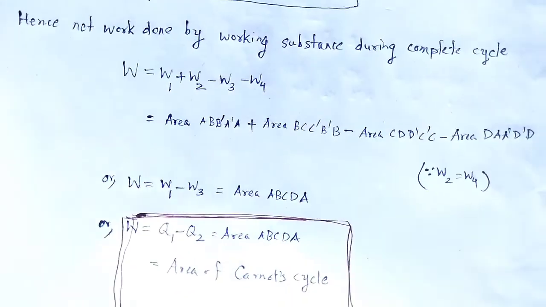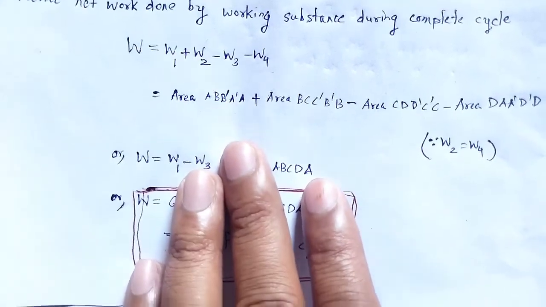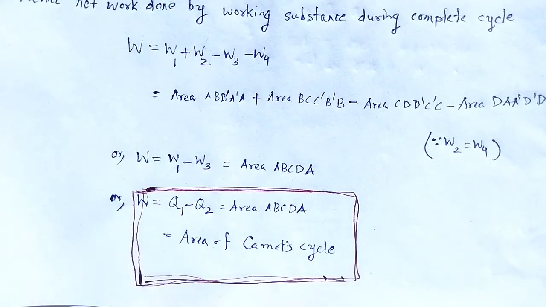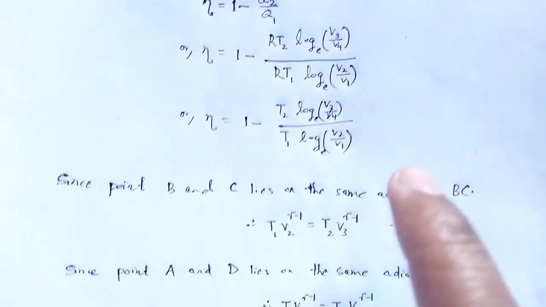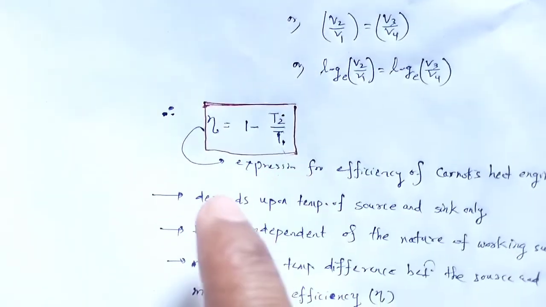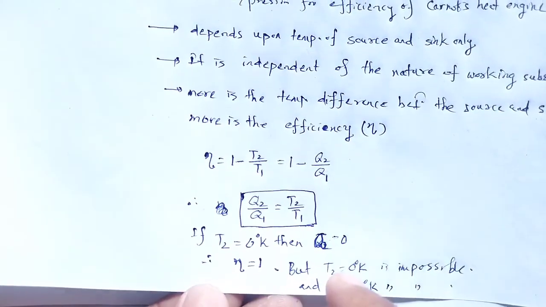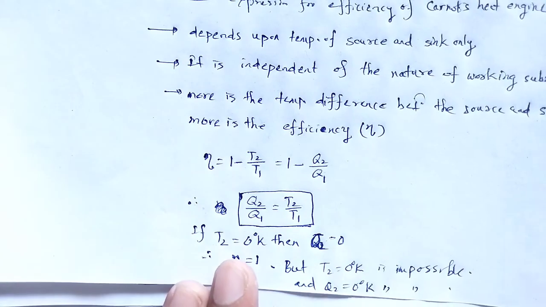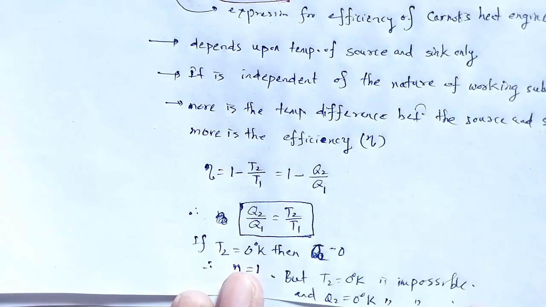These are the 4 steps of Carnot's heat engine, and finally the total work done during the Carnot cycle, and the efficiency of Carnot's heat engine. This is the expression for the efficiency. From that expression, what are the outcomes, and finally why we cannot construct a heat engine having 100% efficiency. This is the cause why it is not possible.